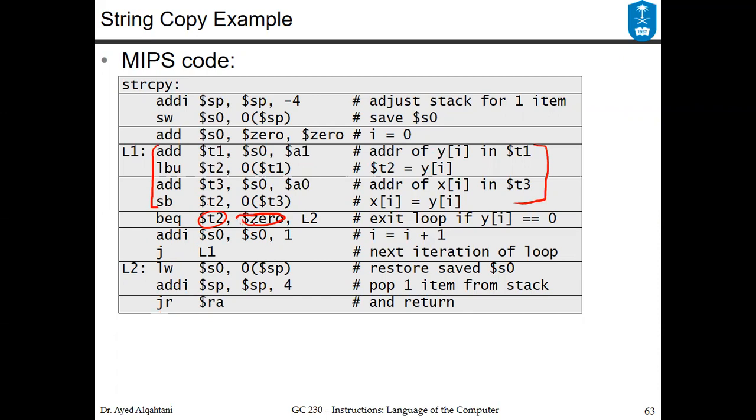But as long as it's not 0, we didn't reach the end of file, and we keep doing the loop, meaning we will increment the value of I by add immediate S0 with 1, and then jump to L1 to continue the loop.